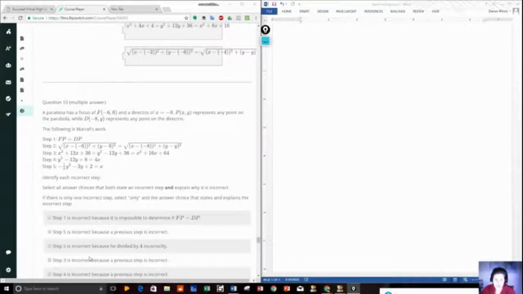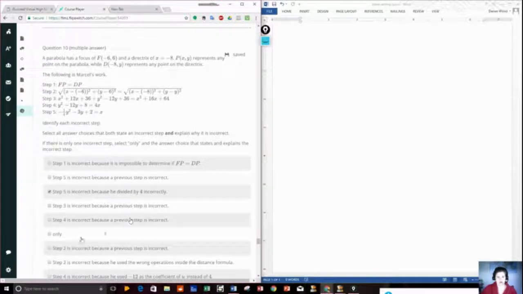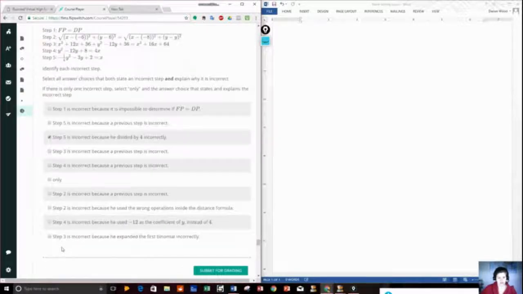So let's check. Step 5 is incorrect because the previous step is incorrect. No, step 5 is incorrect because he divided by 4 incorrectly. That's a possibility because I'm not sure where this negative sign showed up. So I'm just selecting it right now to see if there's a different one. I'm looking for another step 5.